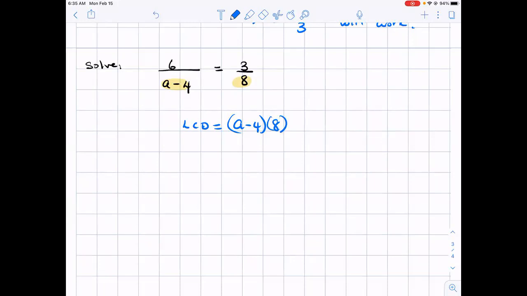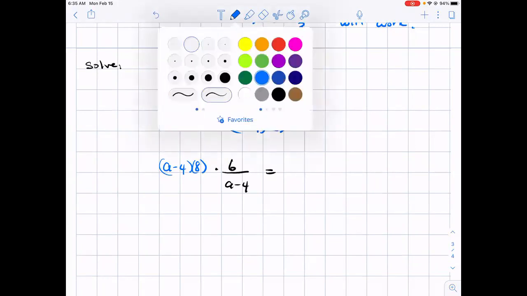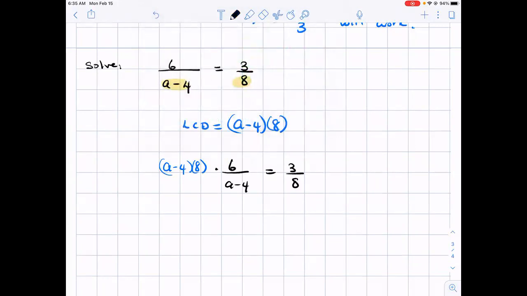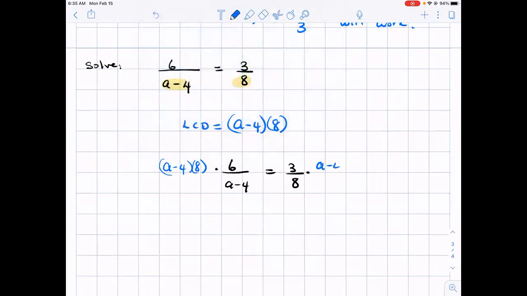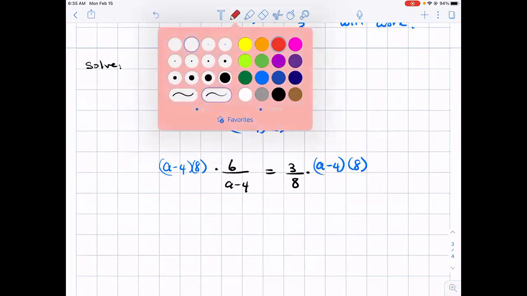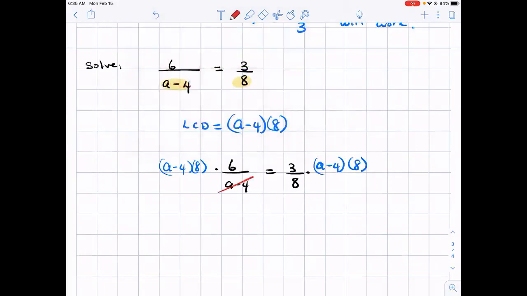So if I multiply the first term by a minus 4 times 8, I'm going to multiply the 6 over a minus 4 equal to, well, it doesn't matter which side I write it on, a minus 4 times 8. Now notice what will happen. This a minus 4 will cancel with that a minus 4.